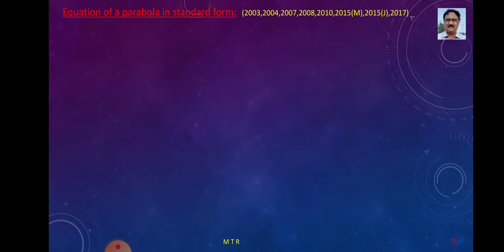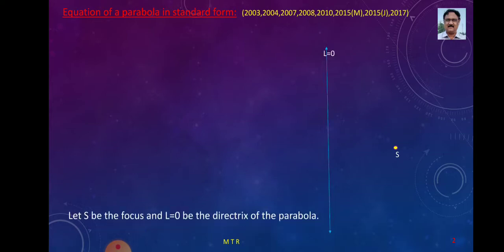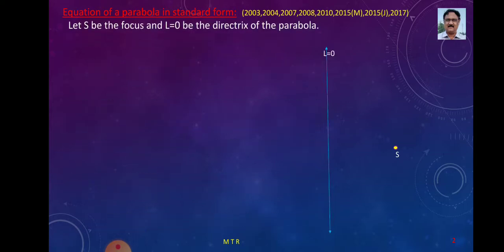For that, let S be the focus of the parabola and L = 0 be the directrix of the parabola. Draw a perpendicular from S to the directrix L = 0.